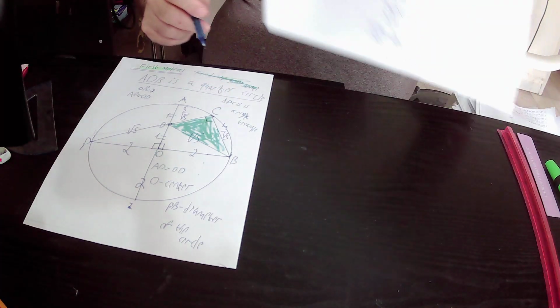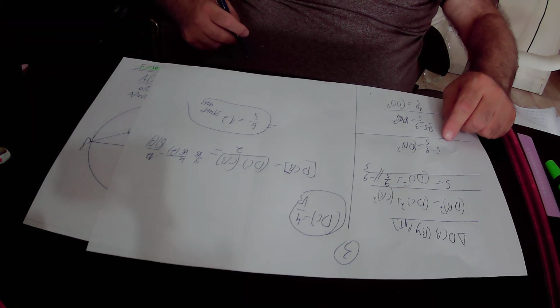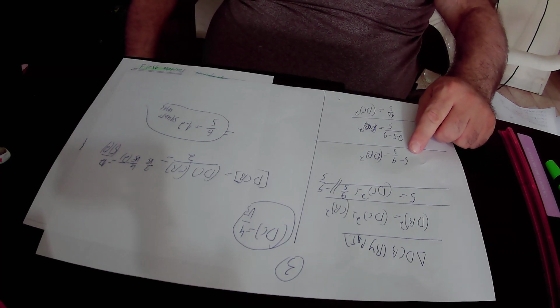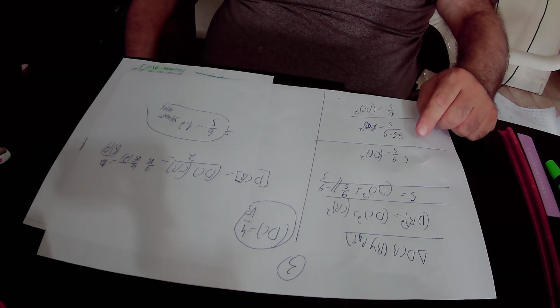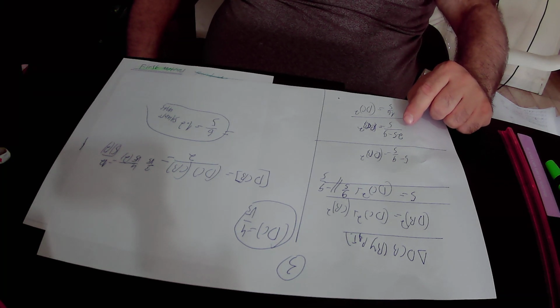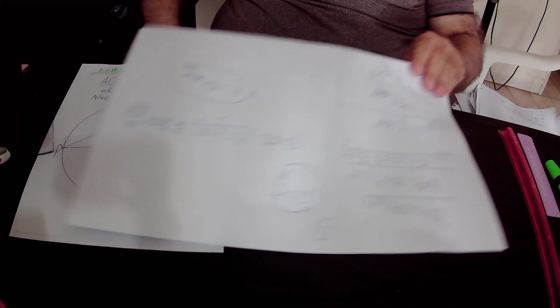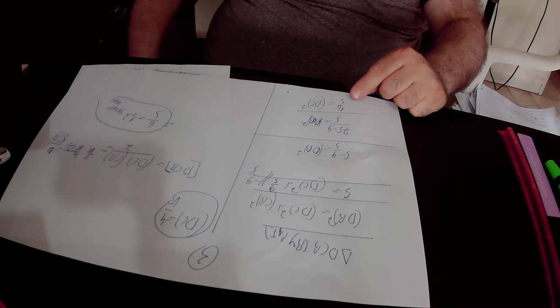CB is the missing side. Then we multiplied 5 by 5 and divided by 5, and we got that 25 minus 9 equals CB square. 25 minus 9 is 16.